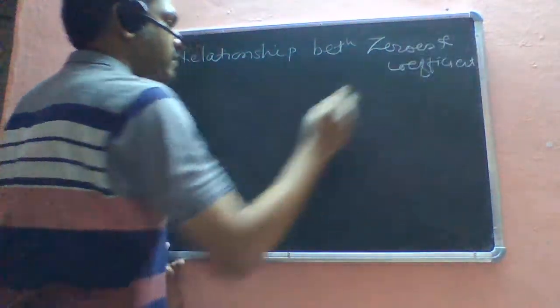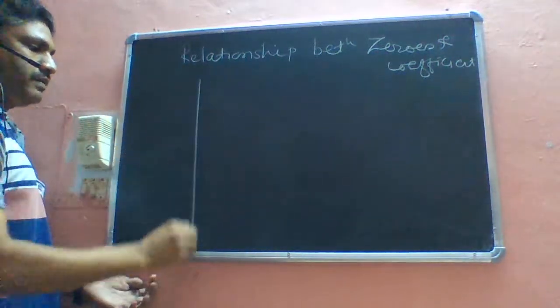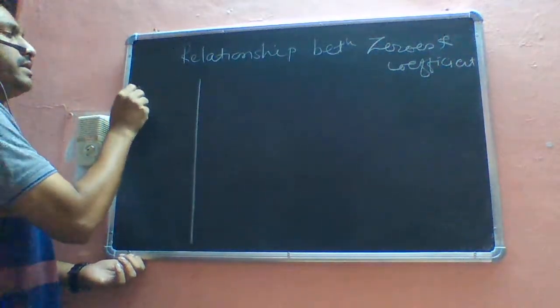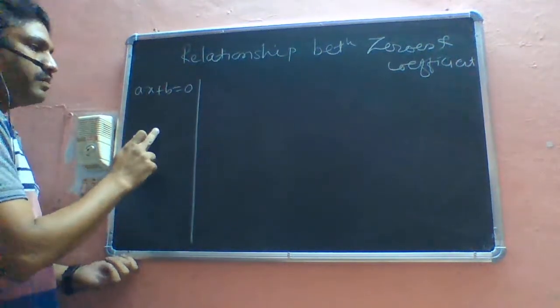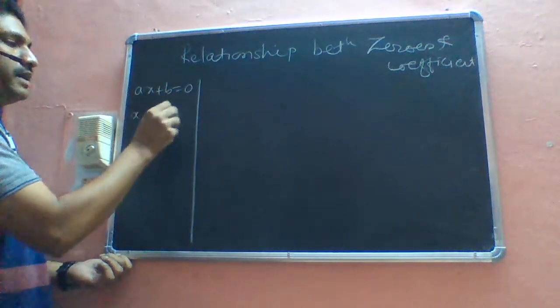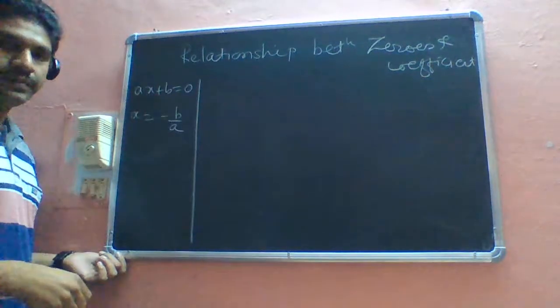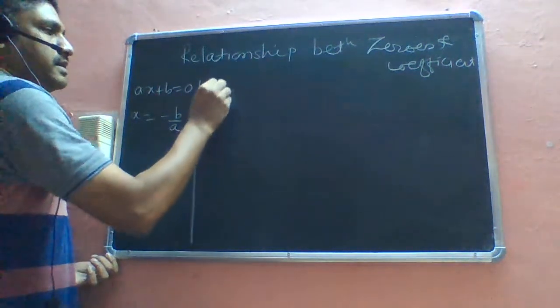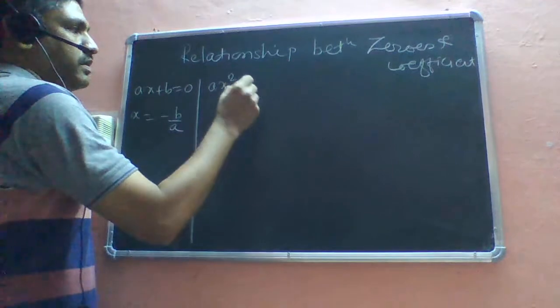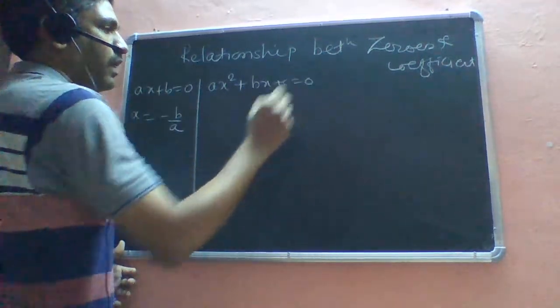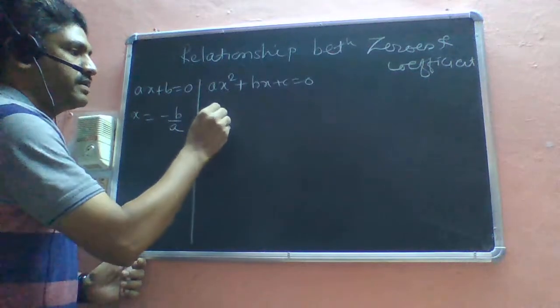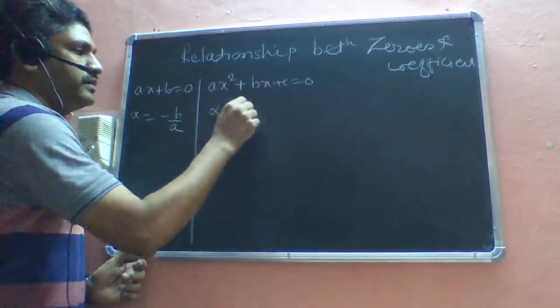So if I take one by one, this is the linear polynomial ax plus b equal to 0, and this linear polynomial has only one zero, that is x equal to minus b by a. Whereas if I take the second, that is a quadratic polynomial ax square plus bx plus c equal to 0, suppose there are two zeros alpha and beta.